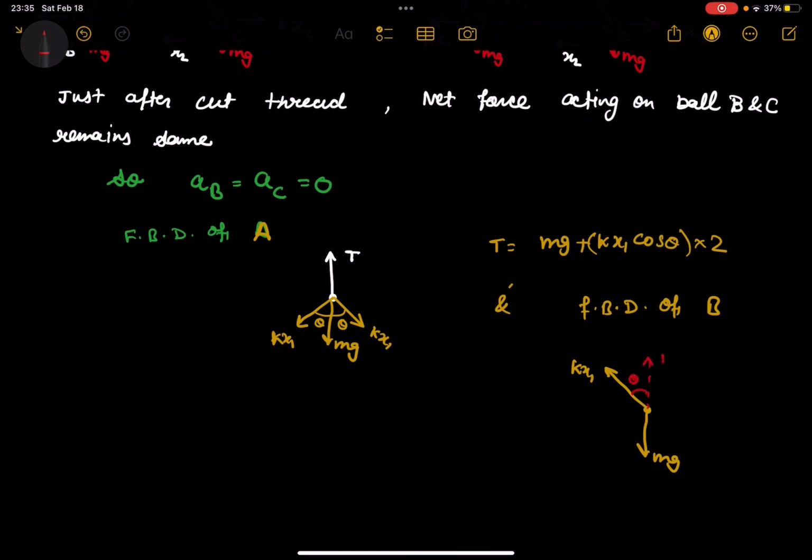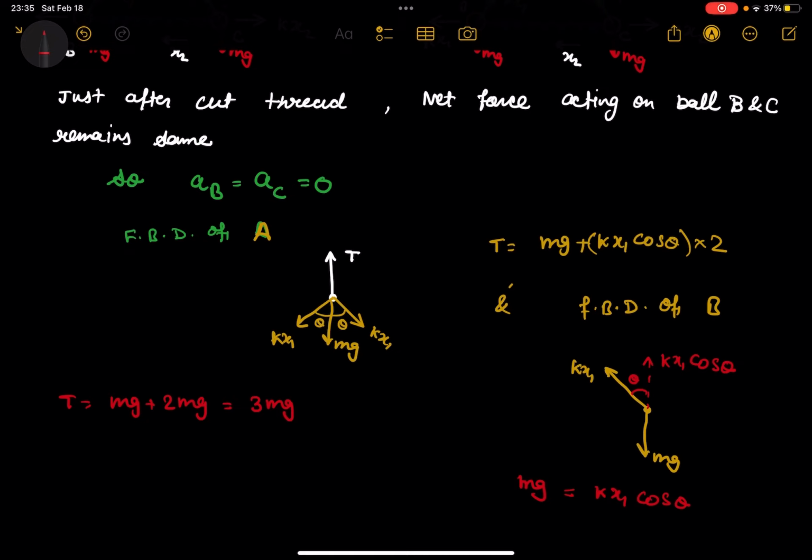So this side component is kx1 cos theta. So mg is equal to kx1 cos theta in case of equilibrium. So tension T is equal to mg plus 2mg, that is 3mg.